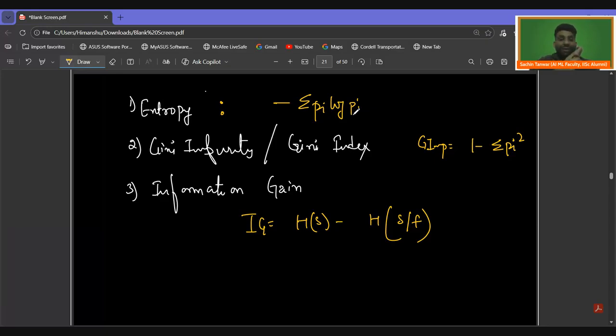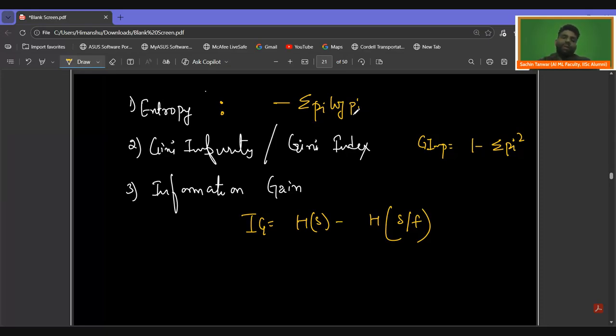If it's a fair coin, I know the probability of getting head or tail is going to be 0.5. So 0.5 into log 0.5, you'll get some number. You'll be able to calculate. Very easy. Just consider the base of log to be 2.